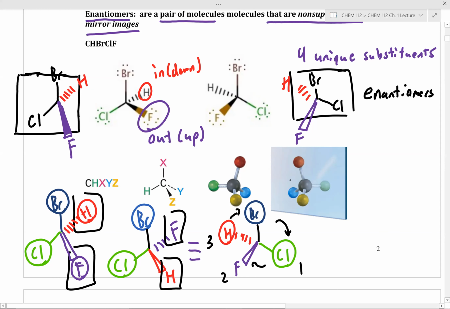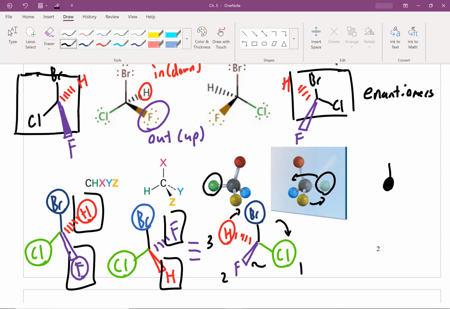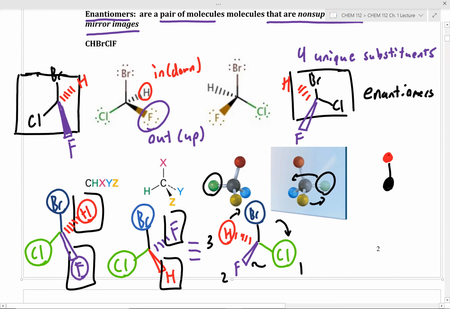So just like before, if we want to get our green substituent in the same position, we'd have to rotate this molecule counterclockwise. So we have our carbon in the middle. Our substituent X on top doesn't change in position.